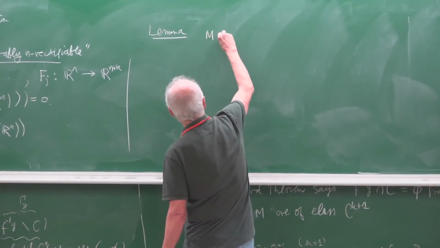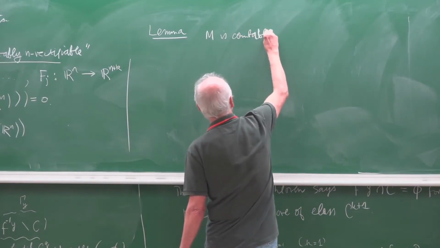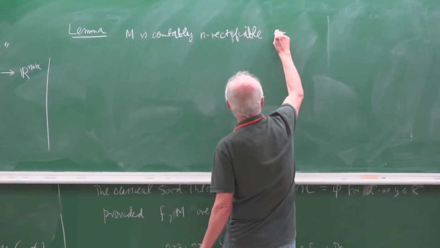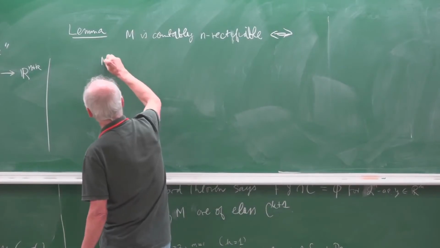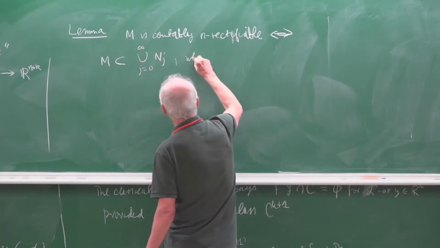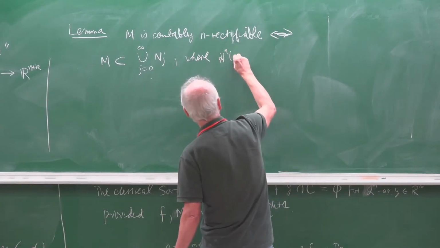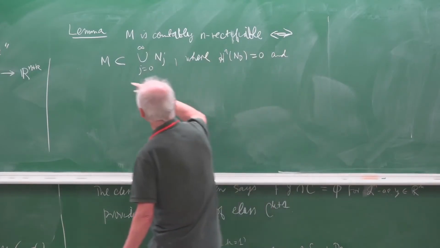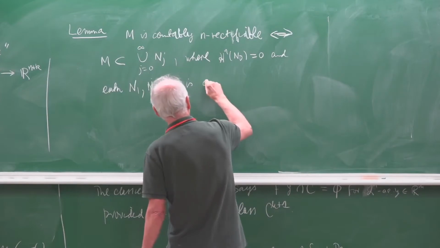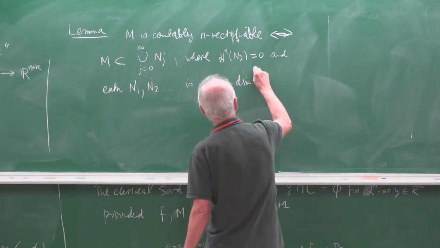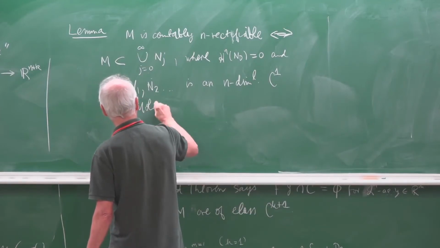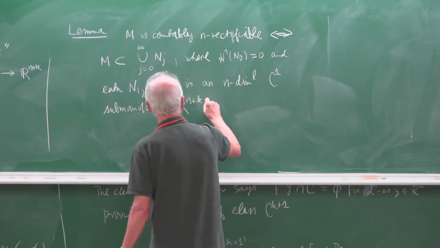M is countably n-rectifiable if and only if M is contained in the union over j equals 0 to infinity of Nj, where the 0th one of these has measure 0, and each of the remainder, N1, N2, etc., is an n-dimensional C1 submanifold of Rn plus K. It's an if and only if, it's equivalent.